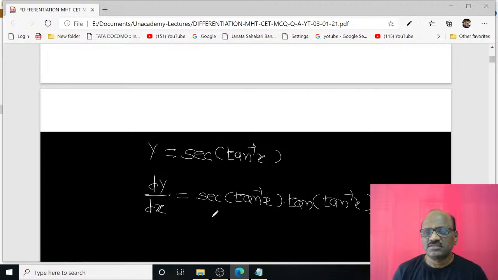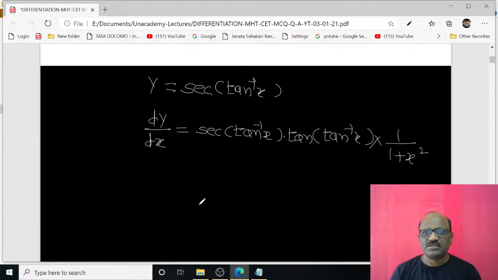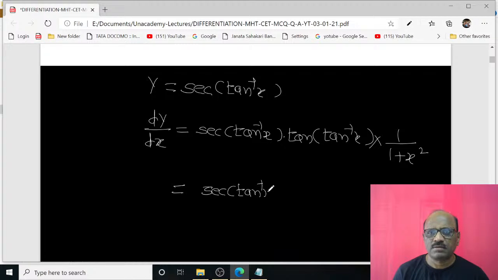Now substitute their values. Sec of tan inverse of x, and tan of tan inverse of x, its value is x, into 1 upon 1 plus x square.